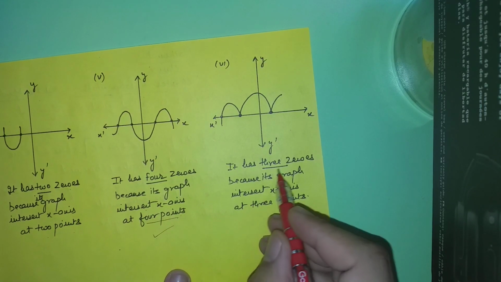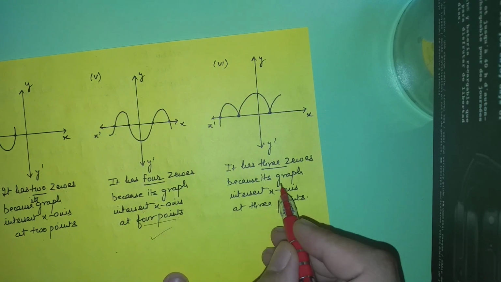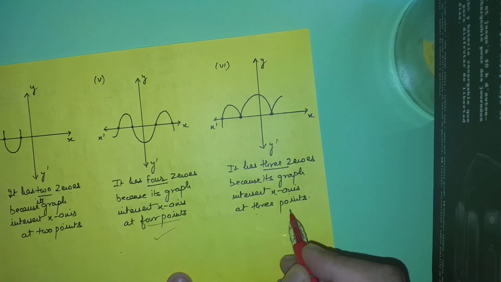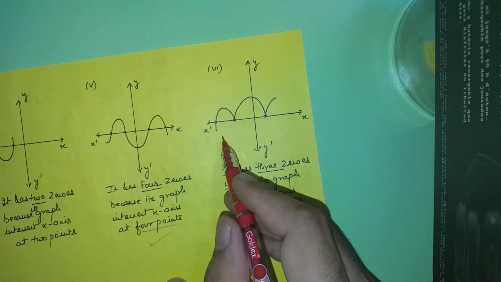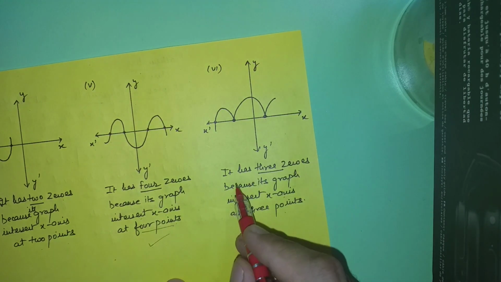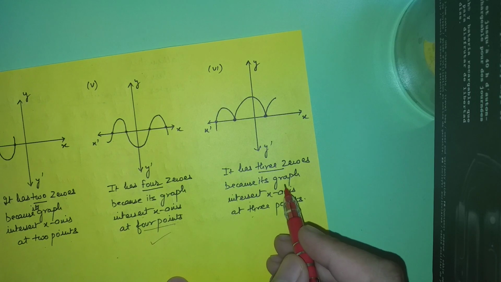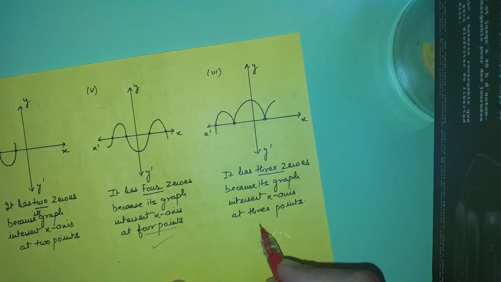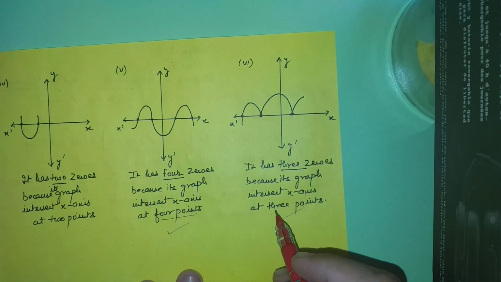So it has 3 zeros, because its graph intersects the x-axis at 3 points. So this is basically all in this video.